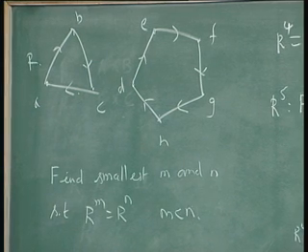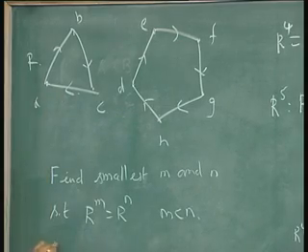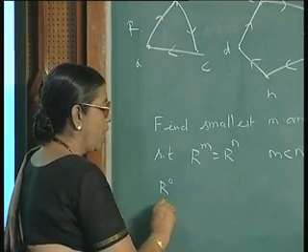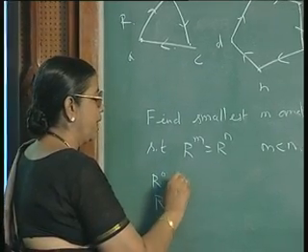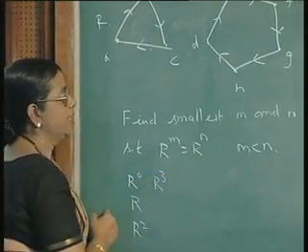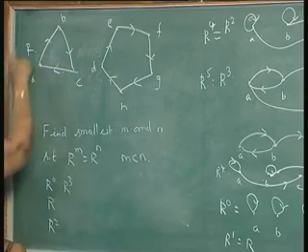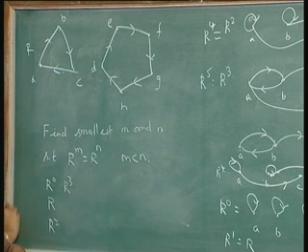In the last class we have seen that if you take R like this, R power 0 is the equality relation, R is this, R squared is this, then R cubed will again be the equality relation, because each path of length 3 will be replaced by a loop. If you take the first component alone, the relation consists of 2 components.